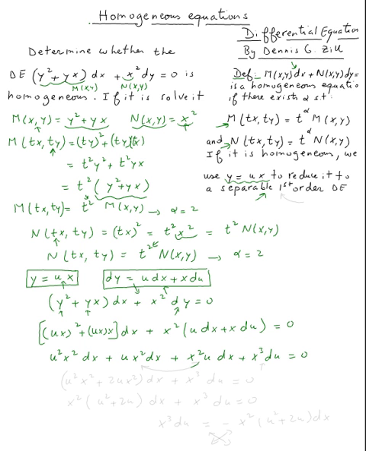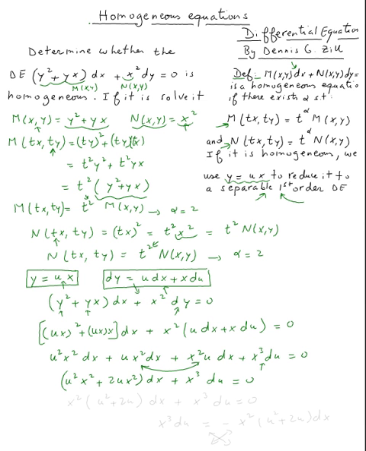Actually, these two terms are exactly the same, so there's two of them. So u squared x squared plus 2u x squared, all of this dx, and there's only one term with the du, x cubed du, is equal to 0. But remember, we know this is going to be a separable first order differential equation.